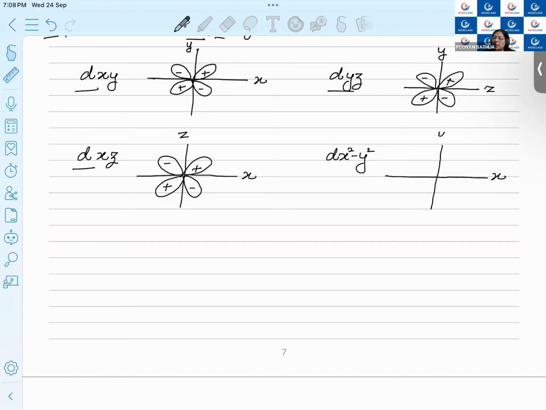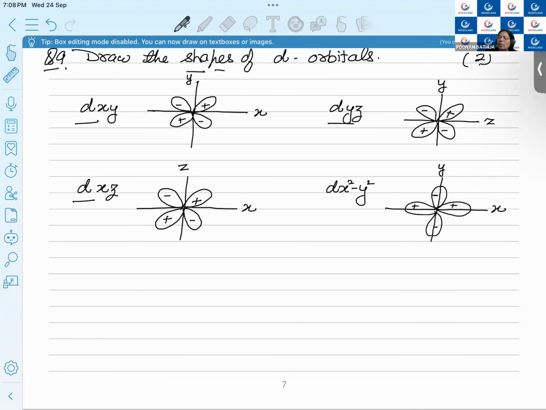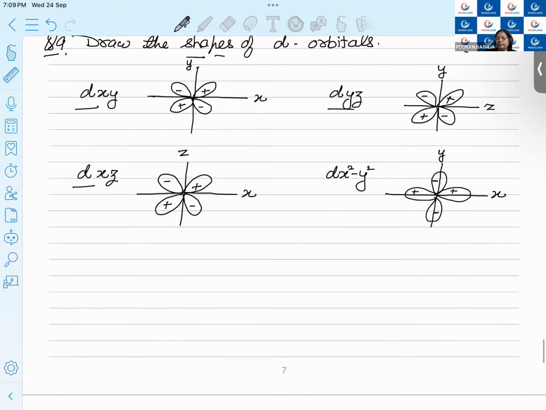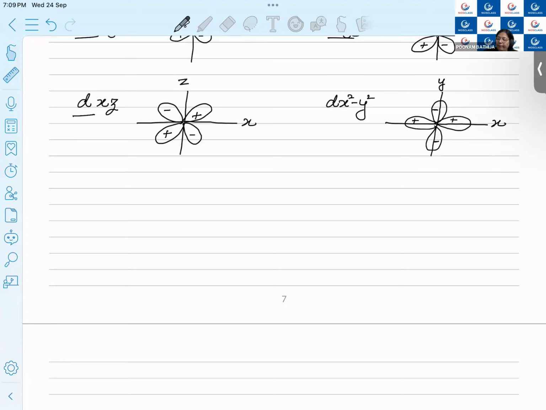This is X, this is Y. So its lobes are along X and Y axis. Plus, plus, minus, minus. Okay? And the last one is dz square.